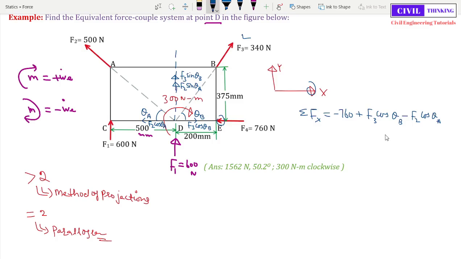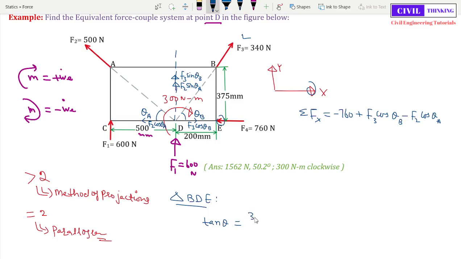Okay, that's it. I think we have added all the forces in the x direction, so we have to add them up. Now let us first find theta b and theta a. From triangle BDE, this is a right angle triangle, right? Now when you apply tan theta, tan theta is what? Perpendicular divided by base, right?